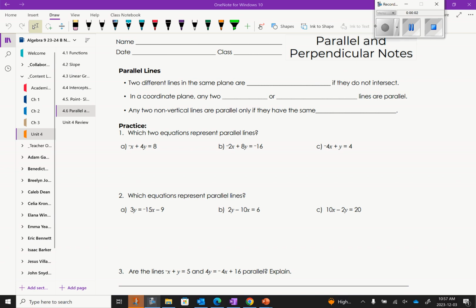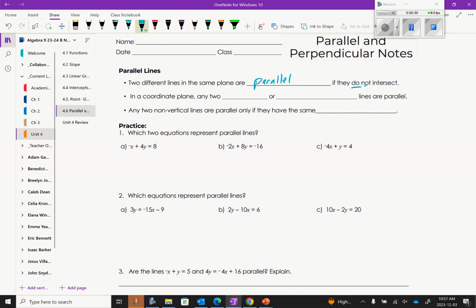Okay, the last section that we're going to go through in this particular unit about lines is to talk about parallel and perpendicular lines. Now again, some of these things I hope you already understand, that if two different lines are in the same plane, if they're parallel, they do not intersect.